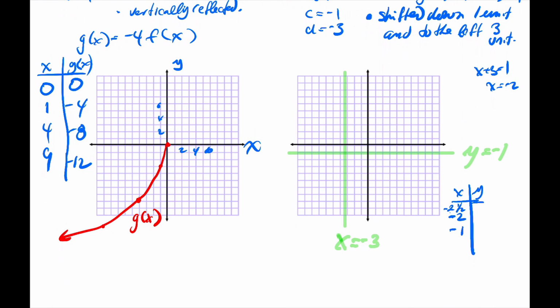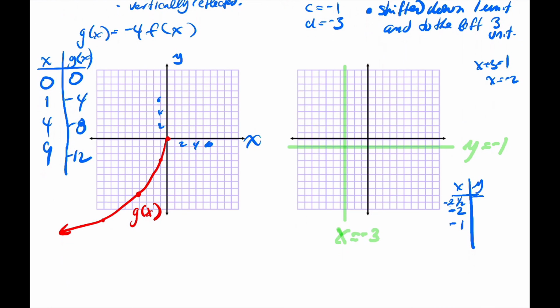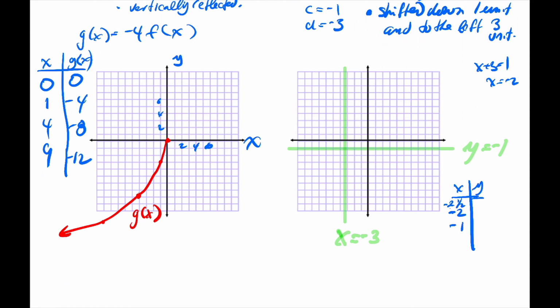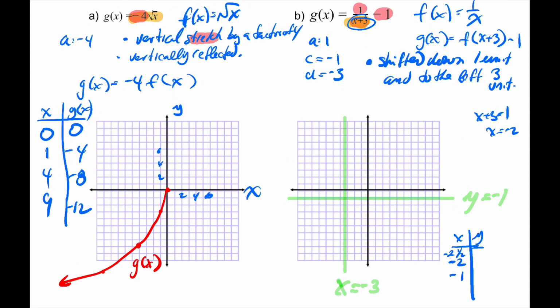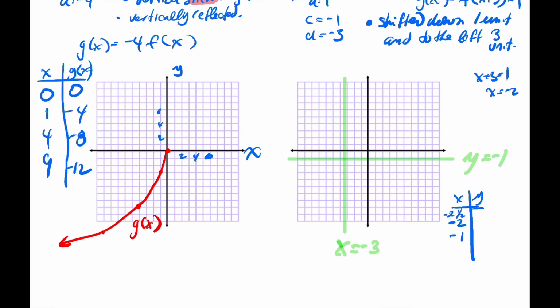So let's do the transformation of this. For negative 2, negative 2 plus 3 is going to be 1, so it's going to be 1 over 1, minus 1, so that's going to be 0. For negative 1, again, our function is x plus 3.